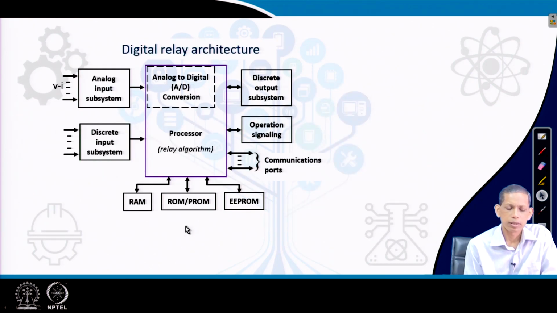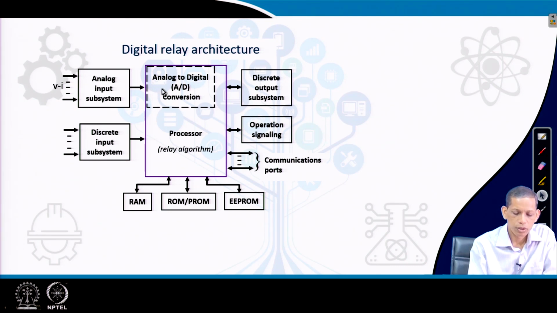Coming to the inside of a relay, the architecture. This is the main processor of the relay, where the corresponding relay algorithm, the principle, is executed. This is a numerical platform, so it needs data samples. For that the relay needs analog to digital conversion, because the signals, currents or voltages, are analog in nature.